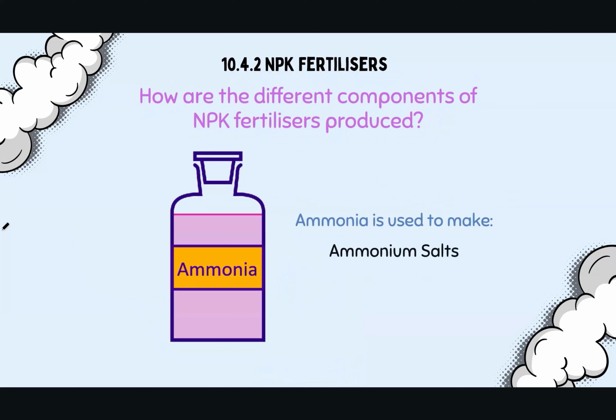Specifically, ammonia reacts with certain acids to make an ammonium salt, or it can react with nitric acid to make a nitrate. And that provides the nitrogen.